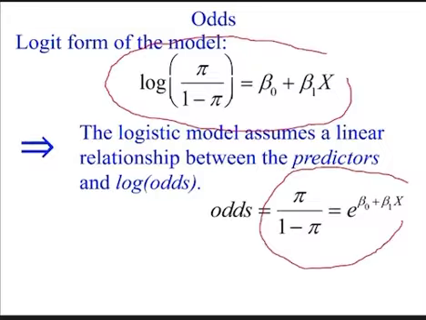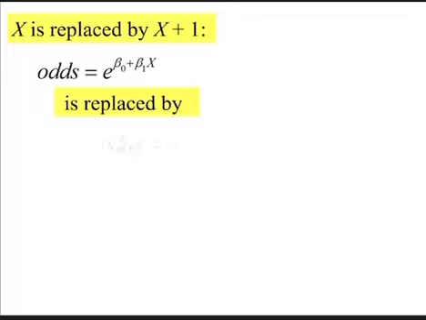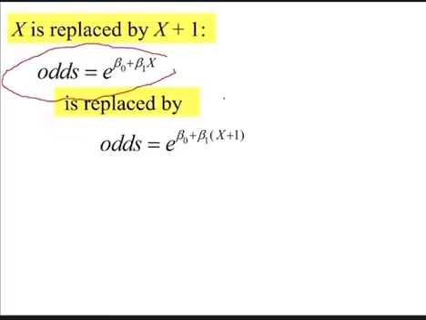Does that make sense? If the log of odds equals that, what is odds? You take the exponential of both sides, so odds is going to be the exponentiation of that. Can you see that now? This is the odds for x, but what about a situation where there's an increase of 1 unit?